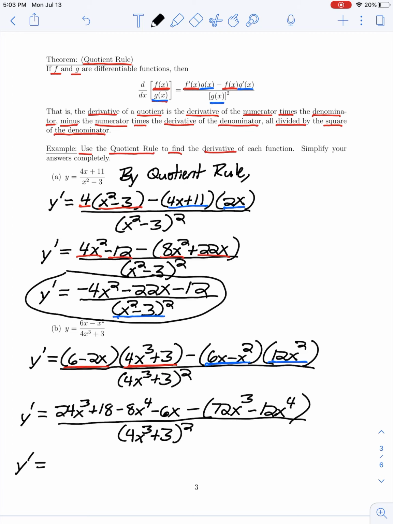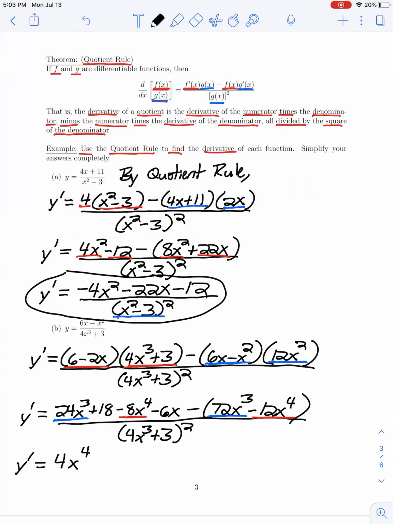So finally, our derivative, y prime, grouping like terms. Let's start with the highest powers of x first. We have these two terms involving x to the fourth. So we had negative 8x to the fourth minus a negative 12x to the fourth, or plus 12x to the fourth, which would leave us 4x to the fourth. Then grouping our x cubed terms, we have 24x cubed minus 72x cubed.